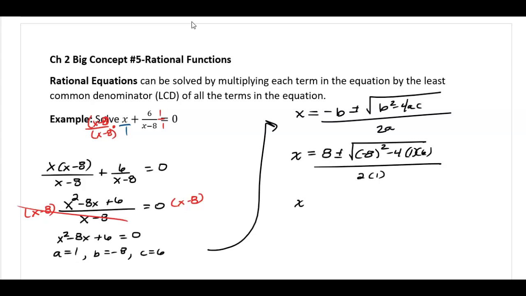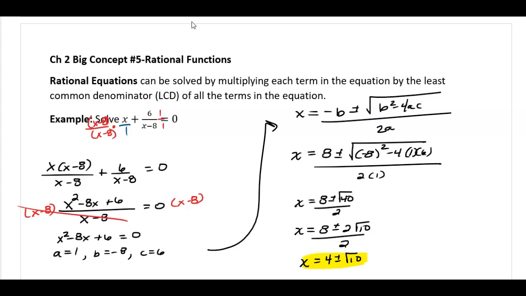If I simplify that, I get x equals 8 plus or minus the square root of 40 over 2. If I keep simplifying, that's 8 plus or minus 2 square root of 10 over 2. Keep going. I get x equals 4 plus or minus the square root of 10. So we have solved that equation. It has two answers. Boom.